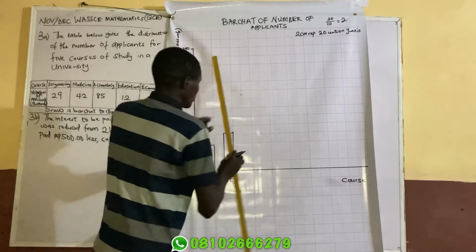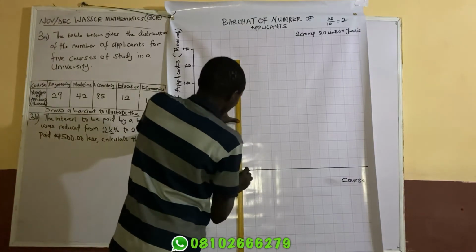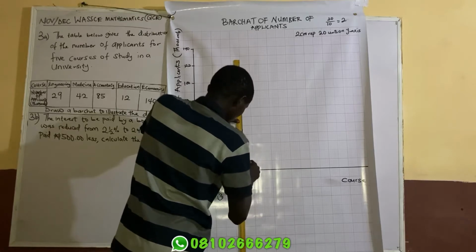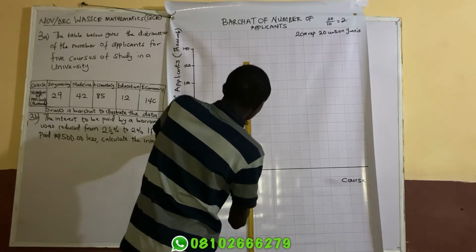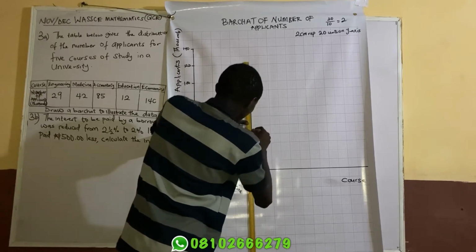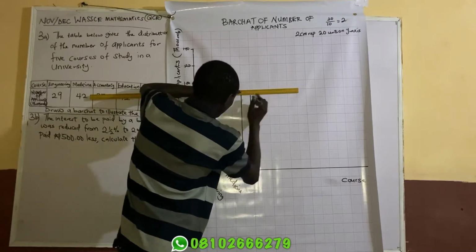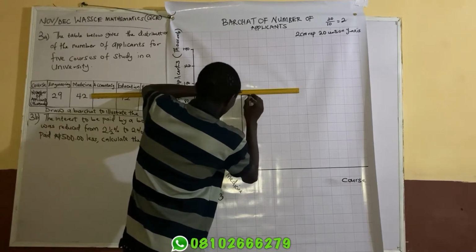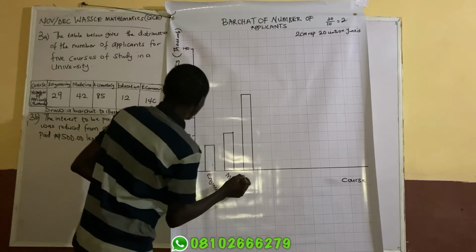I am only leaving the space, and in this space we draw the bar. So that's our 85 for accountancy.